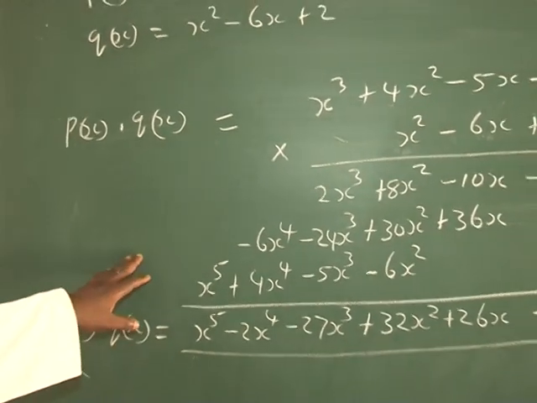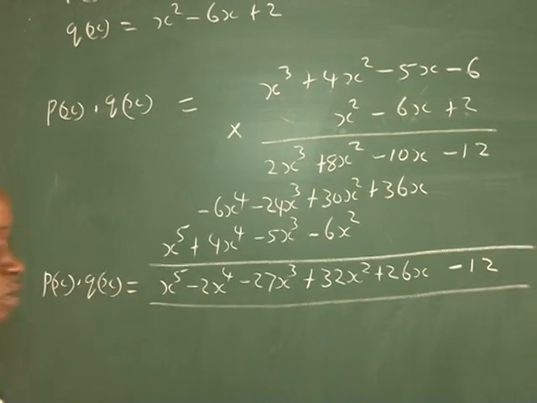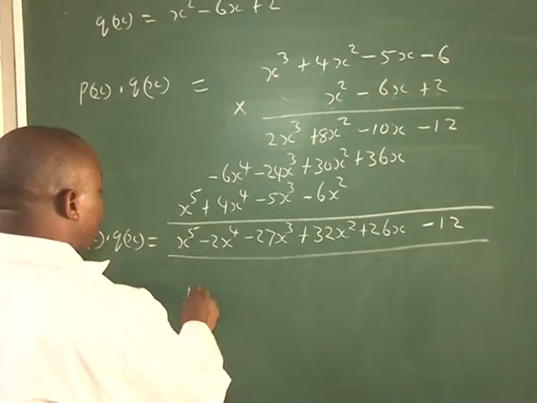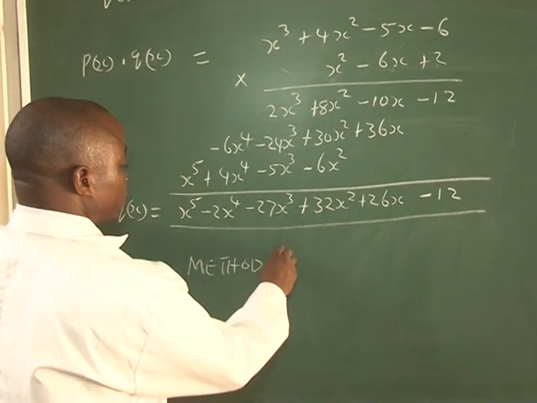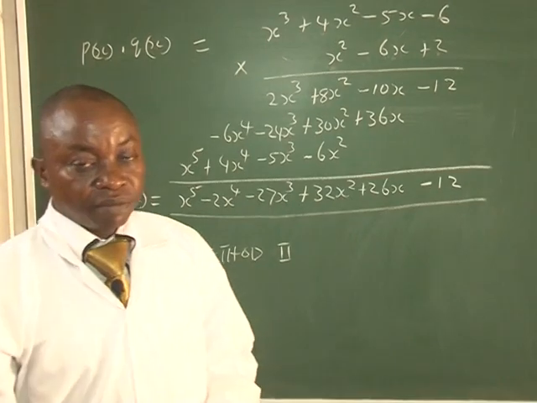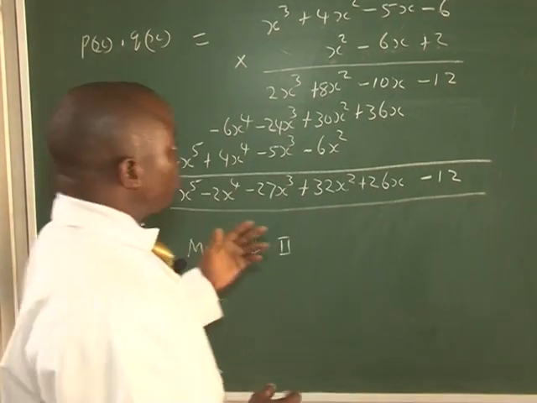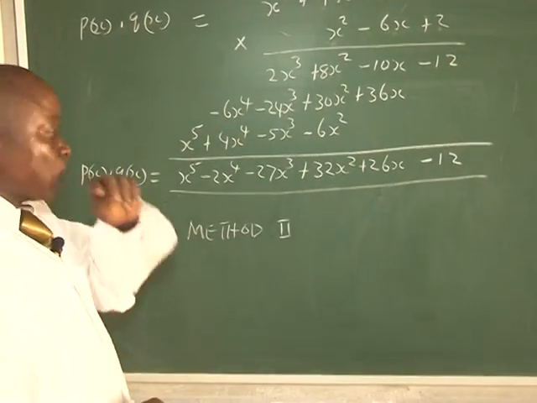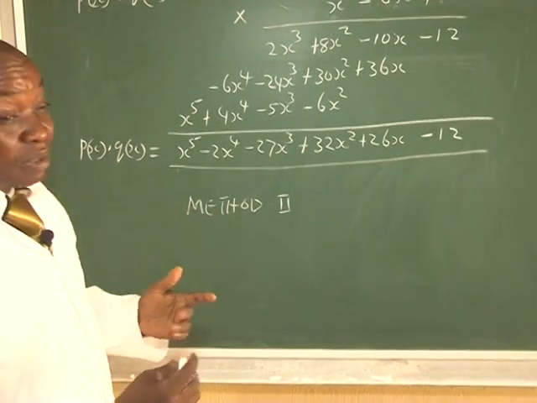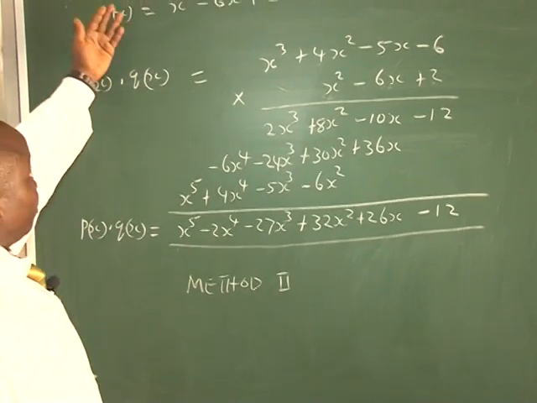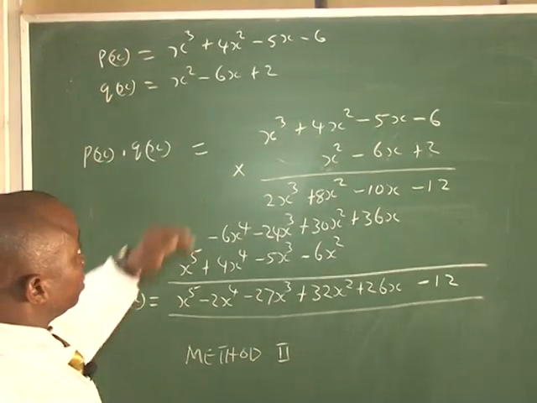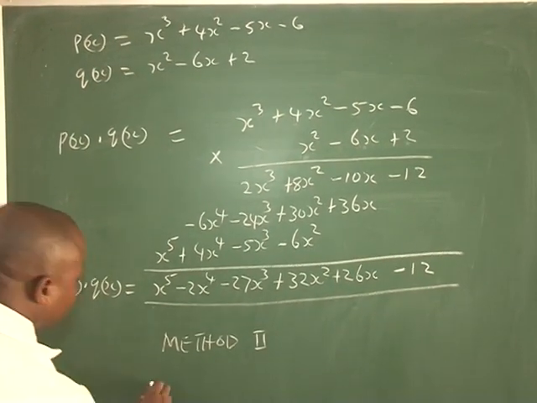That is method 1. Another method we can use, that is method 2. We can use each term of a particular polynomial to multiply the other polynomial. For instance, p of x is equal to this, q of x is this. So we can write it in this form.